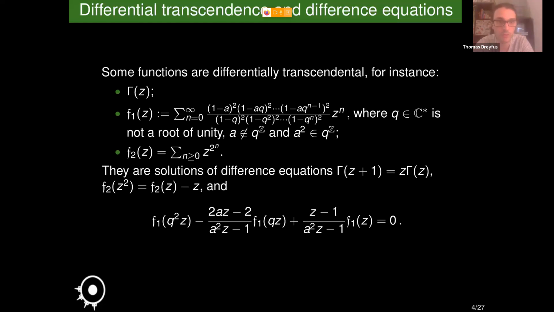And f2 is a solution of a Mahler equation. So all three functions I've given here are solutions of a functional equation. The first one, z maps to z plus 1. The second one is z maps to qz. And the third one is z maps to z squared.